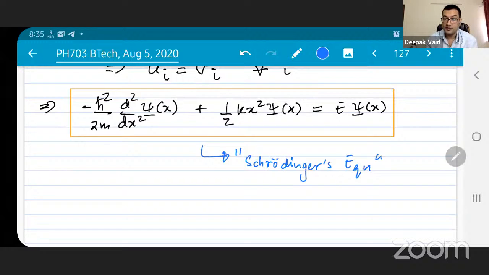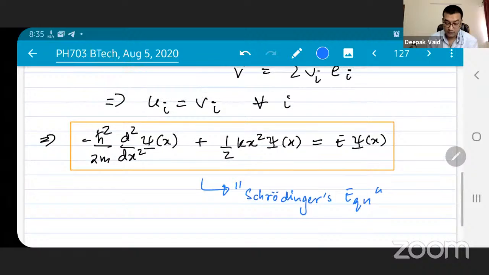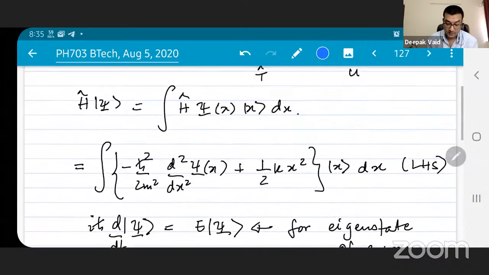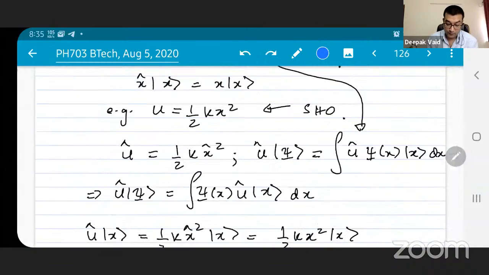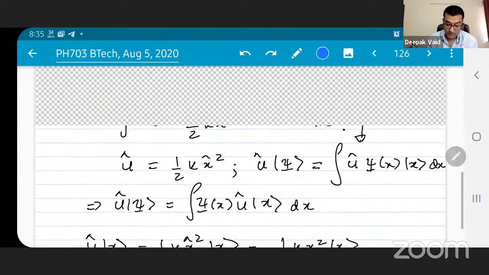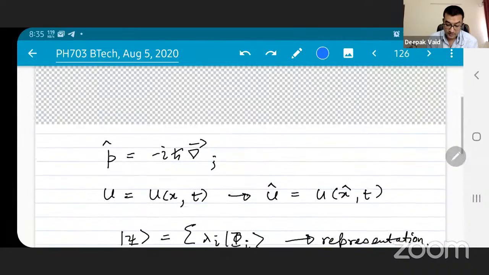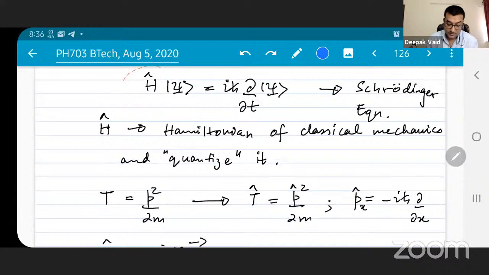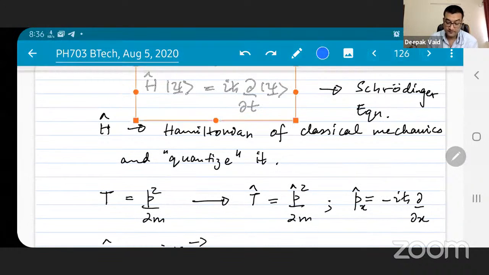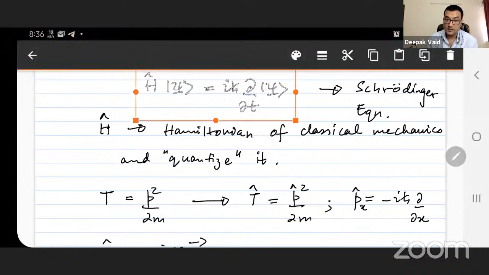In this particular case, for the harmonic oscillator potential. But again, you have to keep in mind that the actual equation is this expression, this guy.